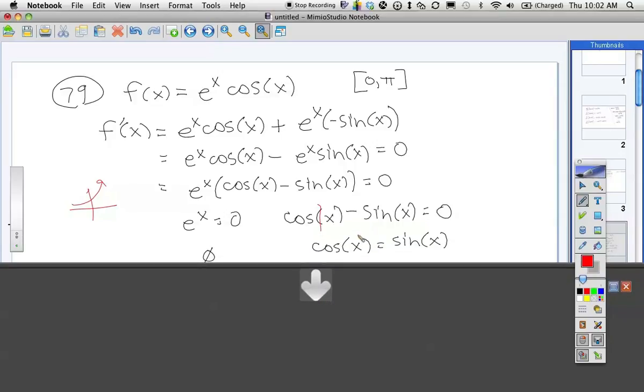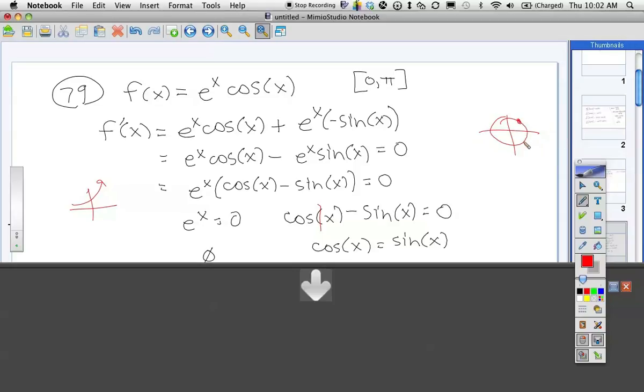Now, how do we solve this? There are several ways. One way would be to add the sine x over here and get cosine x equals sine x. My favorite way on this one is to stop there and ask yourself, when does cosine x equal sine x? On the unit circle, since cosine and sine are the x and y coordinates, when are they equal?